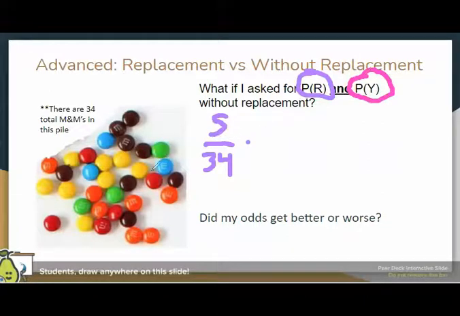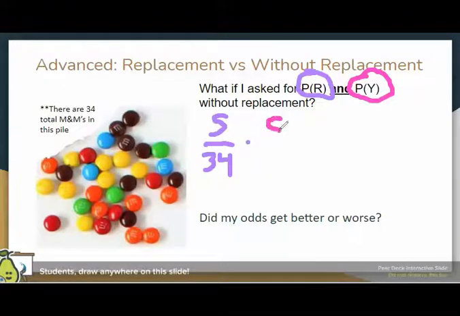So let's just think of it as you have your little cup of M&Ms. If you pull out a red and you don't replace it, so it's called without replacement, then what would happen is you now only have 33 M&Ms in your pile. But there's still 8 yellows.